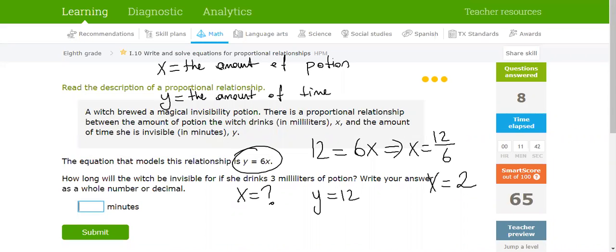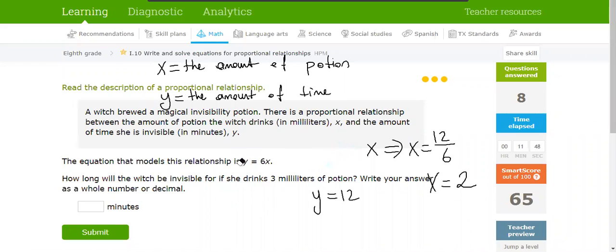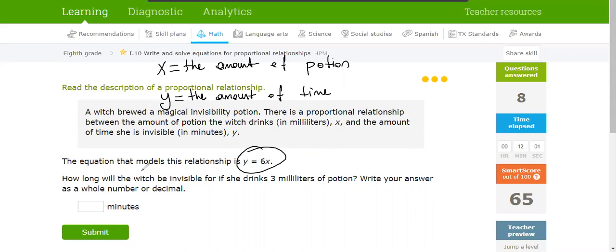Okay, so now let's look at this example. Once again, x is the amount of potion and y is the amount of time, and y equals 6x is the equation of the proportional relationship. How long will the witch be invisible? How long? It is the amount of time.